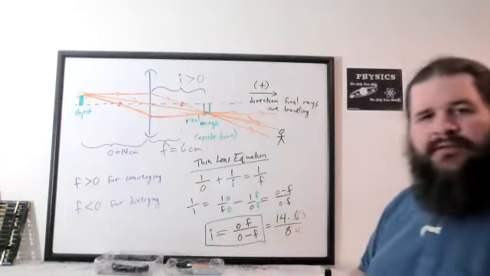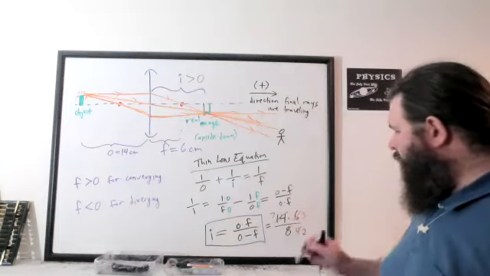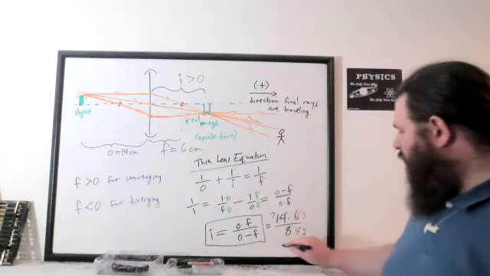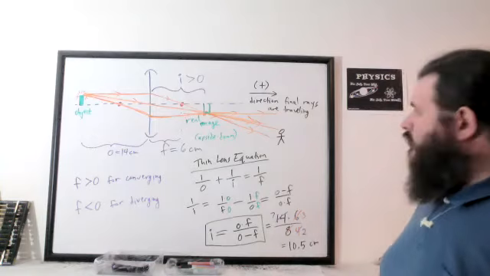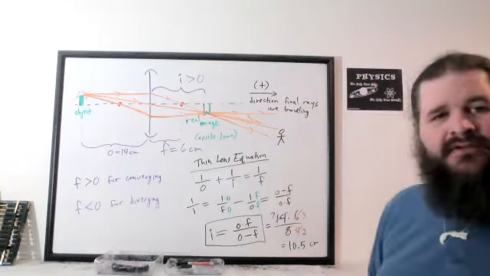And also 14 and 4 are both even, so that reduces to 7 over 2. So 7 times 3 is 21, divided by 2 is 10.5.